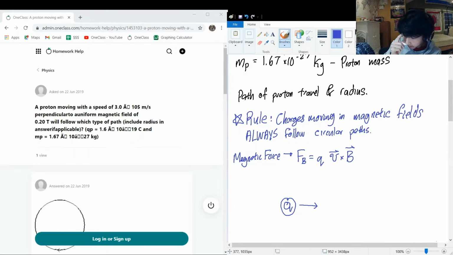This is the V, and let's say the B field is coming out of the page. This dot and X notation means in or out of the page. Dot means out of the page.